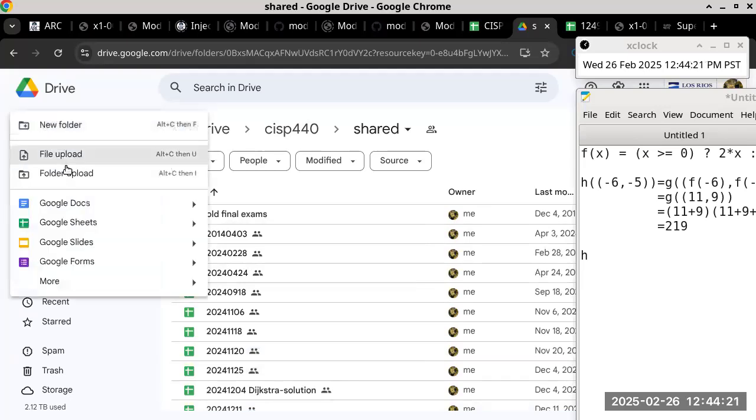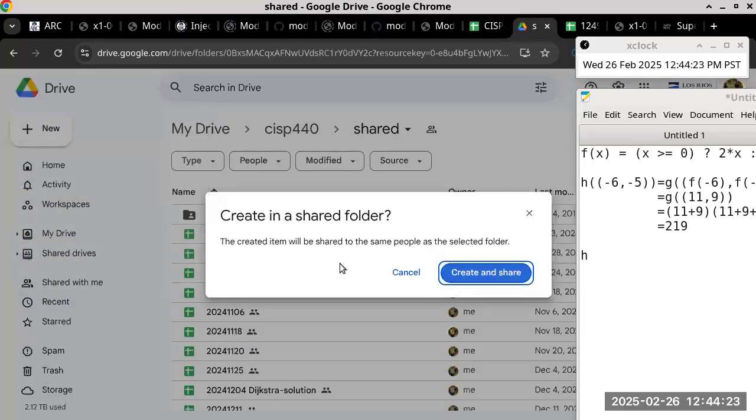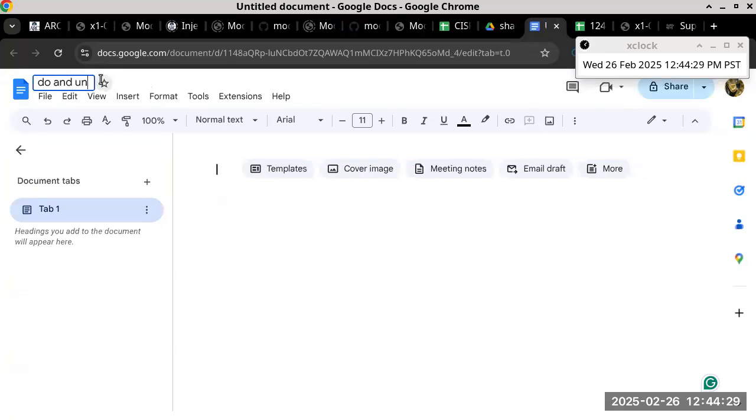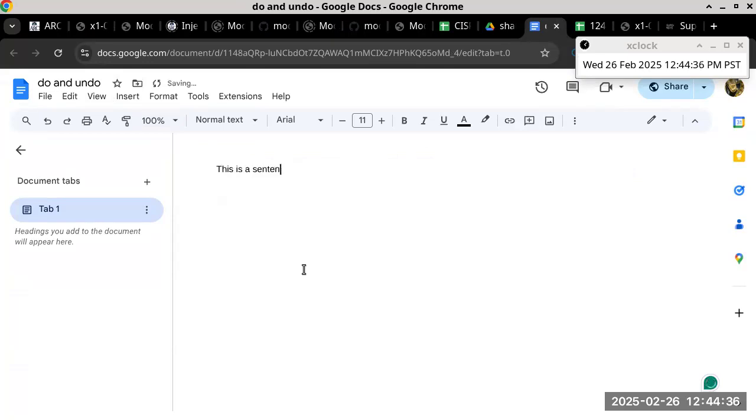So I'm going to create a Google Doc, and I'll just call it do and undo. What I'm going to do here is this is a sentence. I am going to underline the entire thing, and then I'm going to boldface sentence.